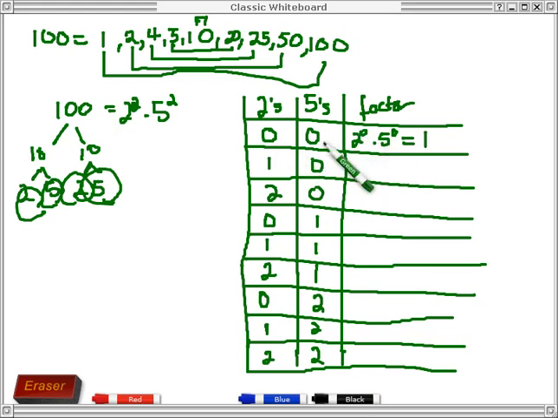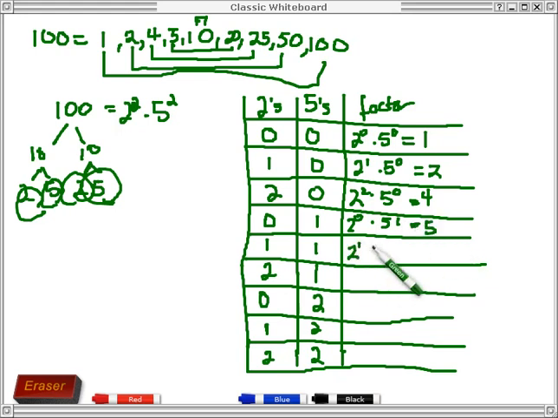2 to the 0 times 5 to the 0 is 1 times 1, which is 1. 2 to the first times 5 to the 0 is 2 times 1, which is 2. 2 squared times 5 to the 0 is 4 times 1, which is 4. 2 to the 0 times 5 to the 1 is 1 times 5, which is 5.